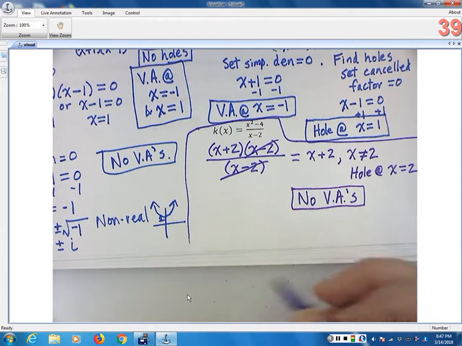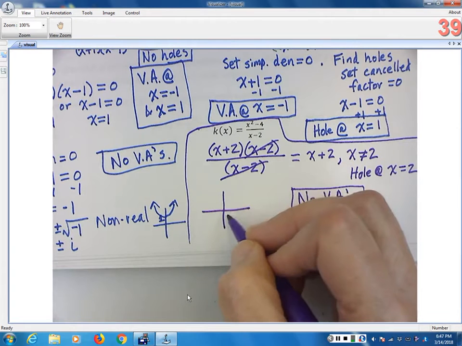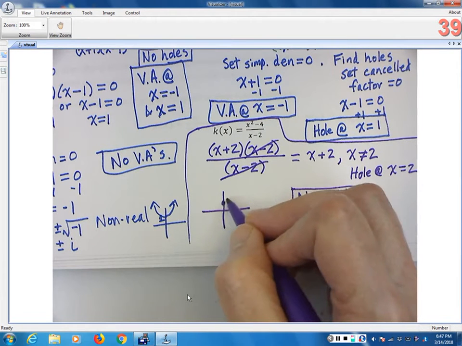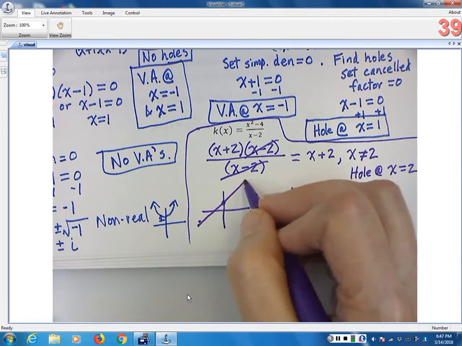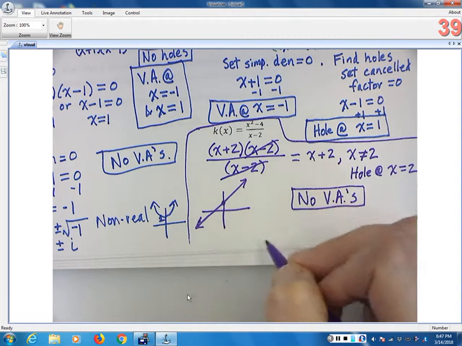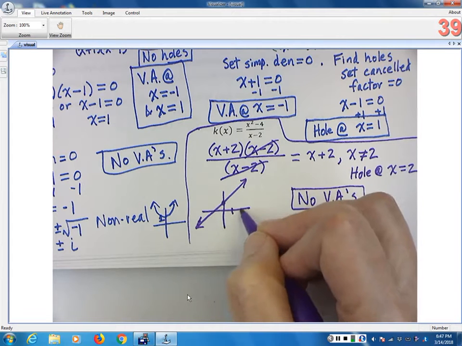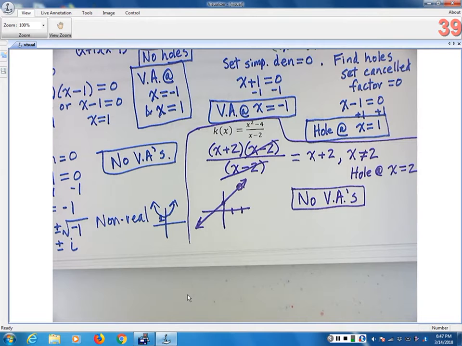What does the line x plus 2 look like? Well, we start at 2, we go up 1 over 1, it's just got a slope of 1. And at 2, we would have to have a circle. That's what that would look like. But we could only see the error on the table.